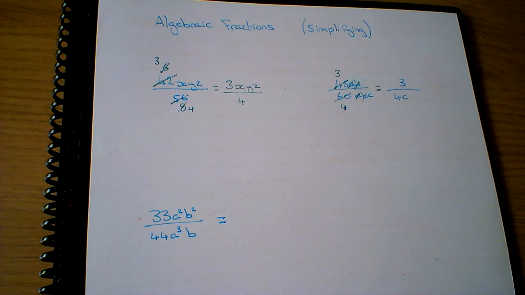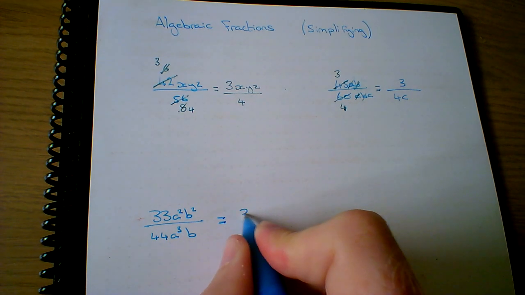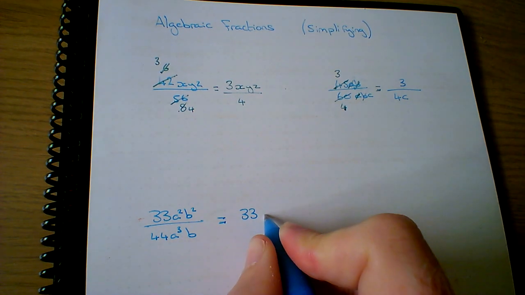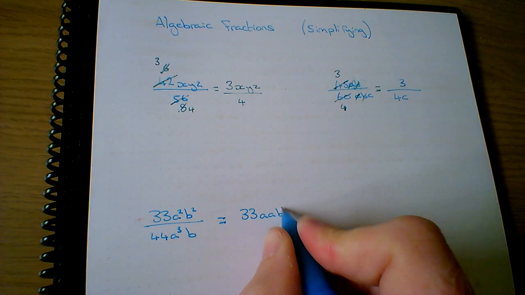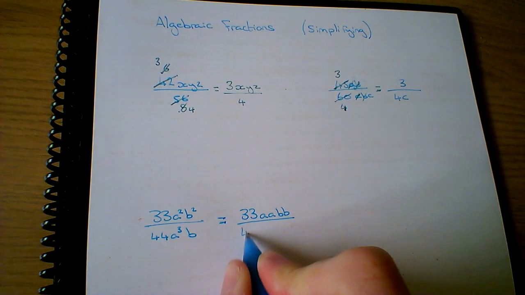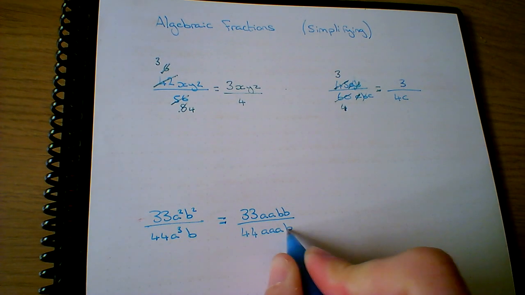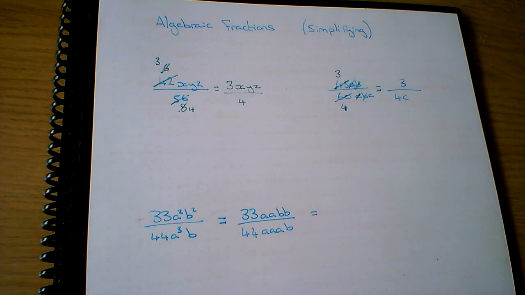Now in this case there are powers, so before I start crossing things off, before I start trying to simplify things, what I'm actually going to do is rewrite this. So I'm going to write 33 A, A, B, B at the top, and I'll explain that in a moment, and 44 A, A, A at the bottom.